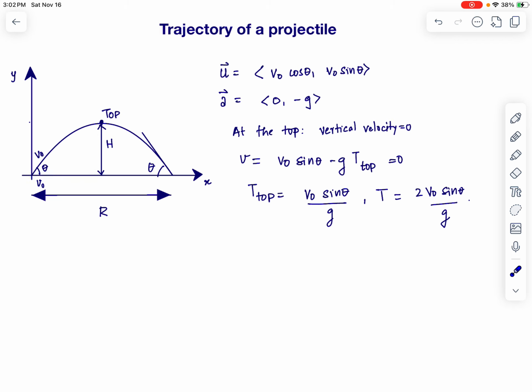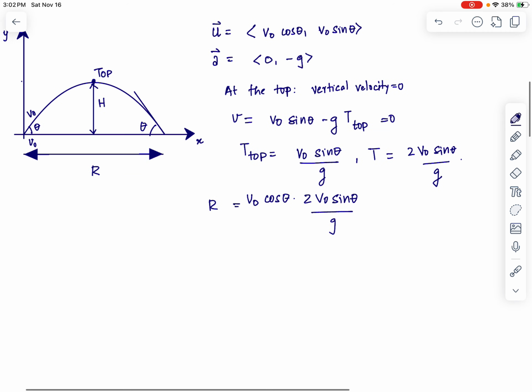So the velocity along the horizontal direction is v0 cosine of theta, and if we multiply that by the total time taken, that will give us the range. So v0 cosine theta times 2 v0 sine theta divided by g gives us the range. We can rewrite this range as v0 square sine 2 theta divided by g.